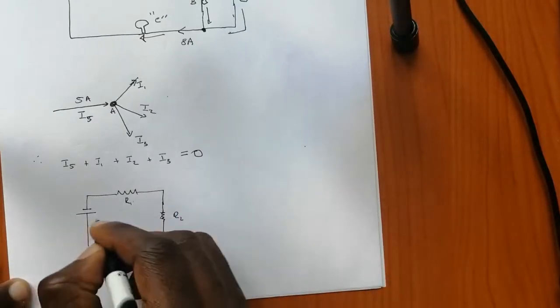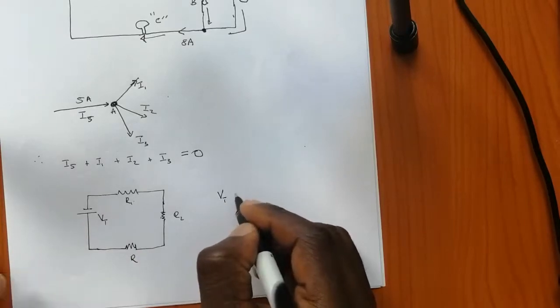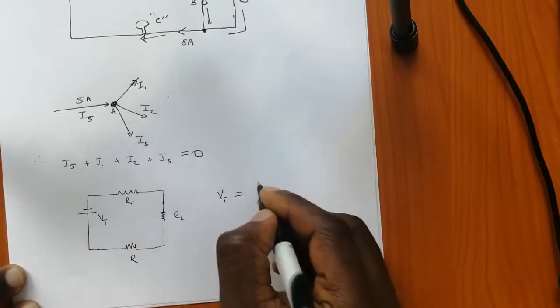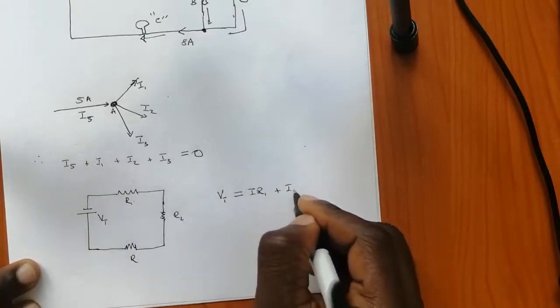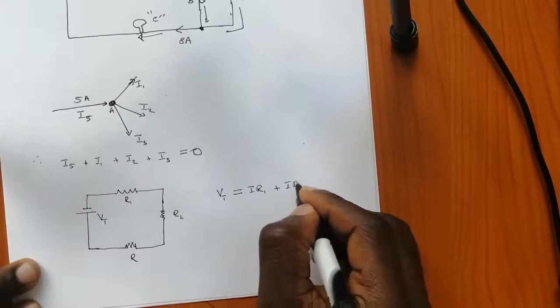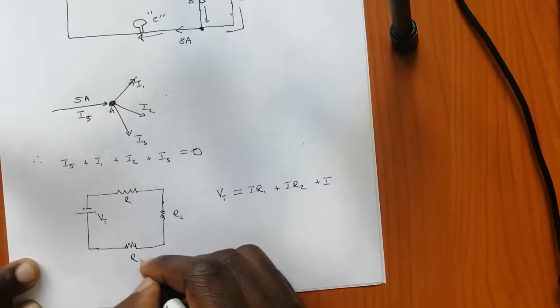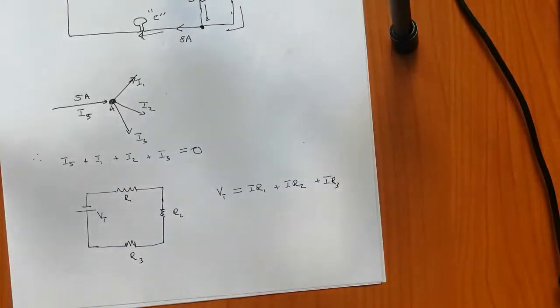So if you have your VT, it must be equal to these potential drops here, which is I1 times R1 plus I2 multiplied by R2 plus a current at I3. So the sum of these needs to be equal to 0 again.